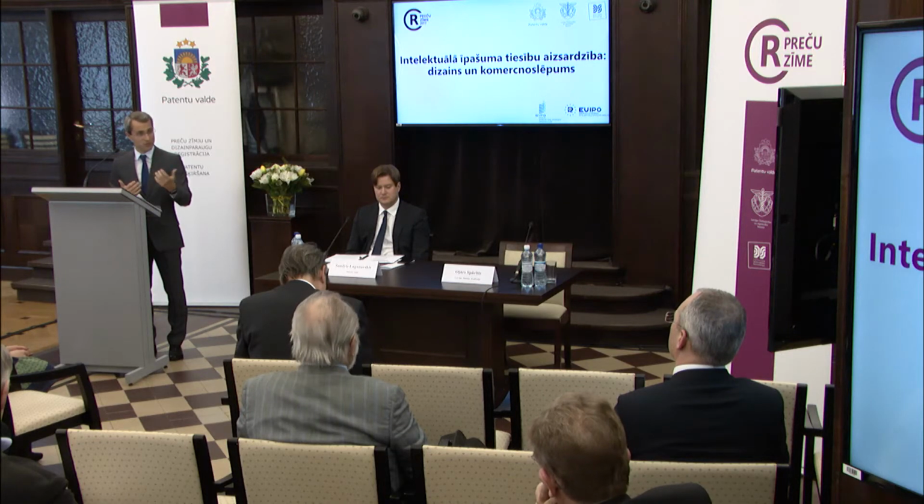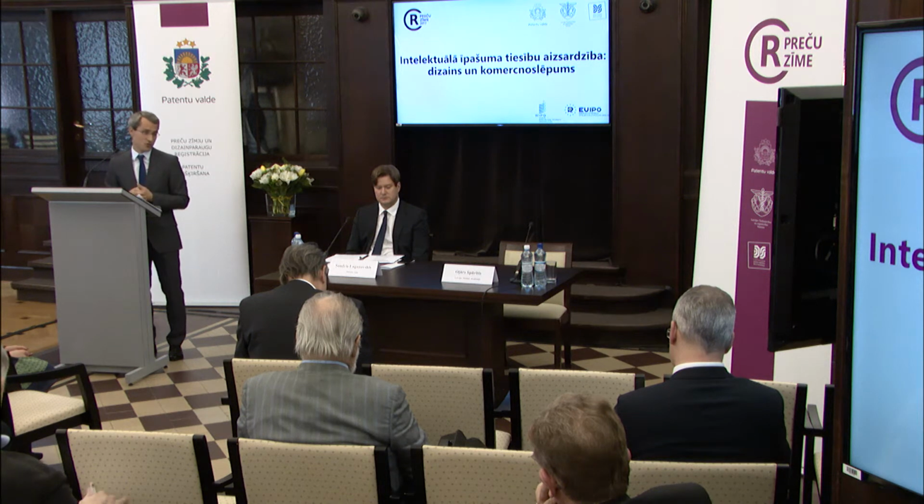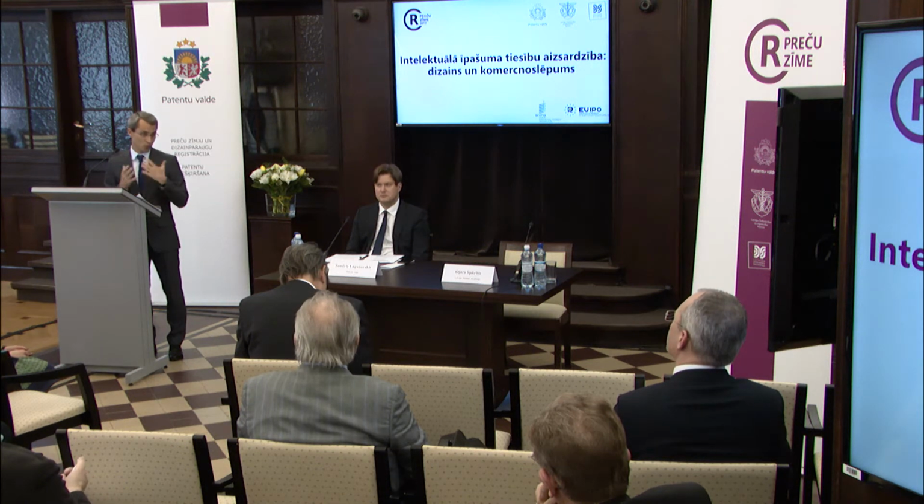So what the law says is that it should not be automatic. It's not any kind of disclosure that destroys the novelty of individual character. So here we have to really assess whether it was possible for these specialized circles to be aware of such a disclosure.